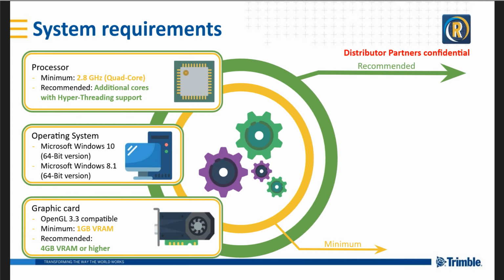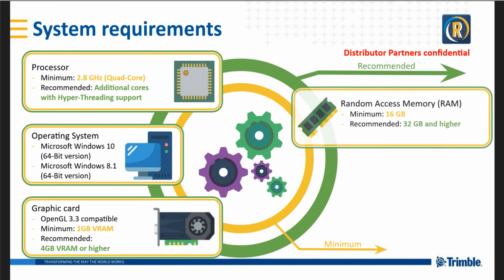About threading, I will come in a few minutes to what this means. On the graphic card, also supporting OpenGL version 3.3. The minimum requirement would be 1 gigabyte virtual RAM or higher. Recommended, of course, is 4 gigabyte virtual RAM for RealWorks.